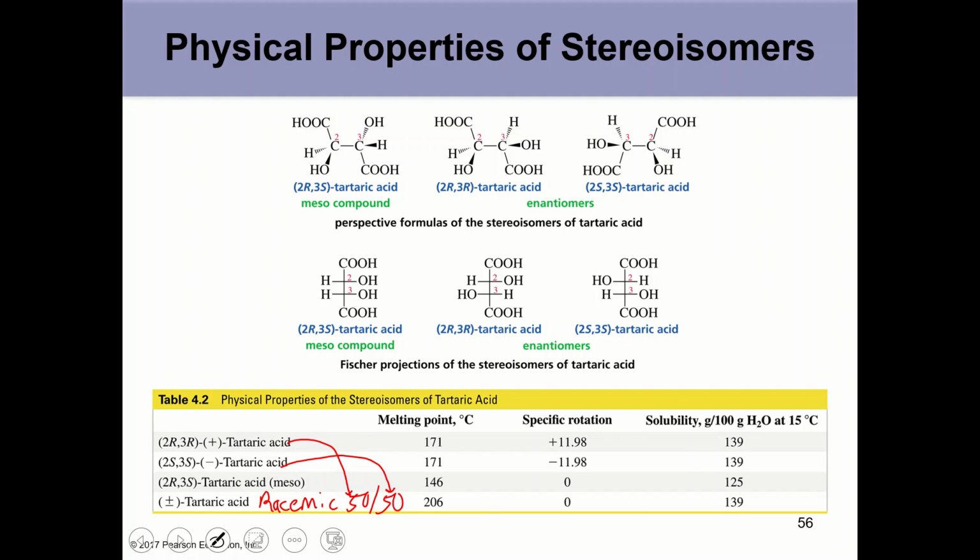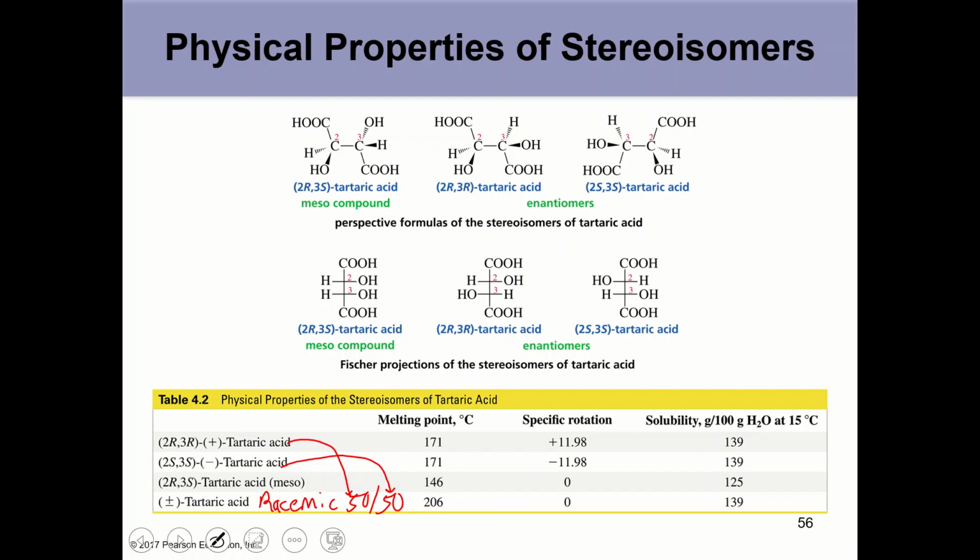A 50-50 mixture of 2R3R and 2S3S tartaric acid will have a different melting point, and the specific rotation will be 0.